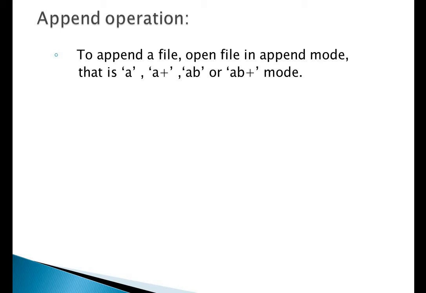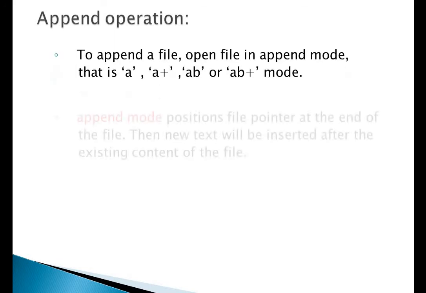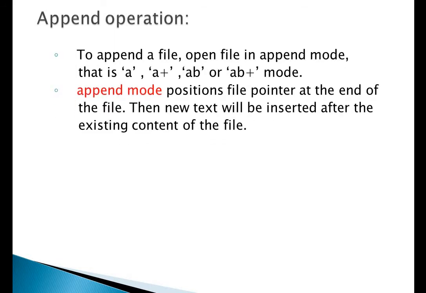We have different access modes, a, a+, ab+ mode. All these modes correspond to append mode. Append mode positions the file pointer at the end of a file. Then new text will be inserted after the existing content of the file.